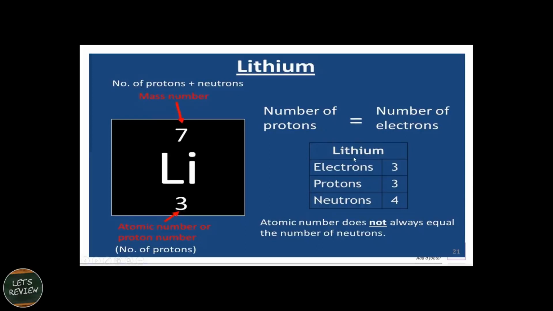In lithium, there are 3 electrons, 3 protons, and we have 4 neutrons, since neutron numbers are not fixed or not always equal to the number of protons and electrons. Once you add 3 plus 4, you will get a mass number of 7.